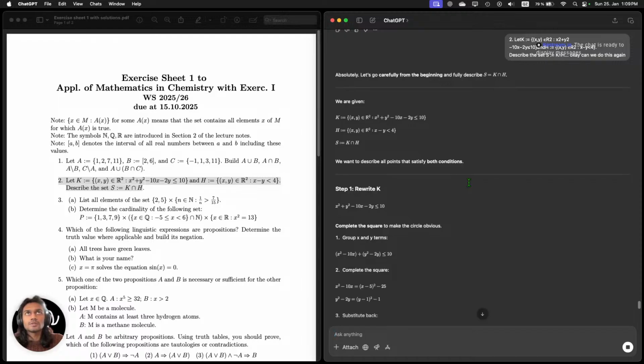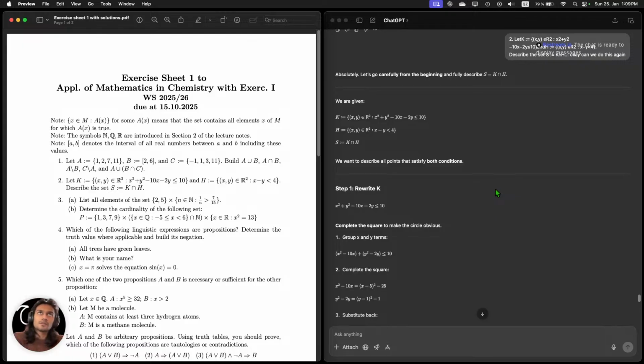K equals xy belongs to R square, x square plus y square minus 10x minus 2y. We want to describe all points that satisfy both conditions.